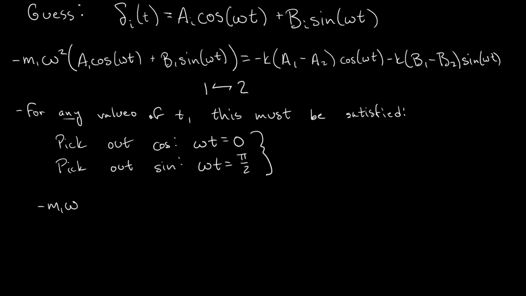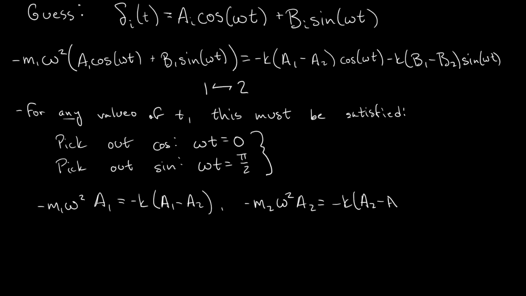Just m1 omega squared a1 is equal to minus k (a1 minus a2), and then m2 omega squared a2 equals minus k (a2 minus a1), and then m1 omega squared b1 equal to minus k (b1 minus b2).